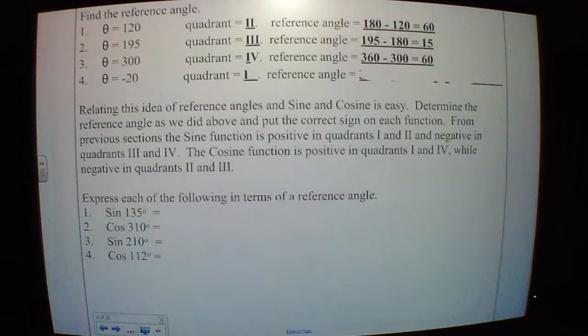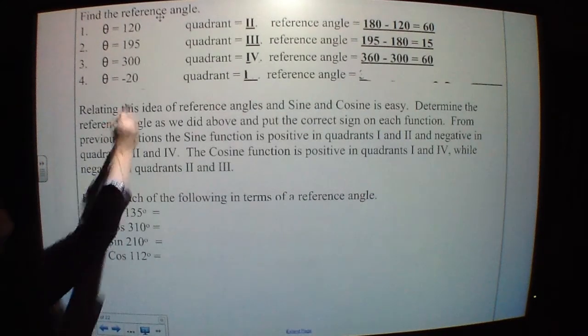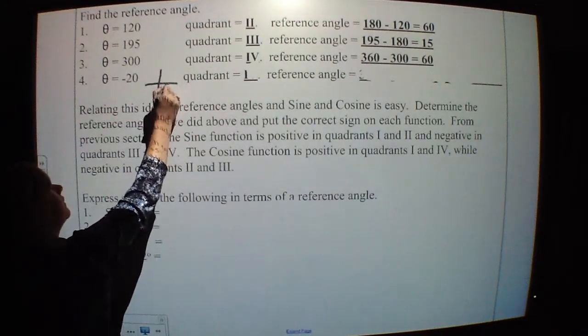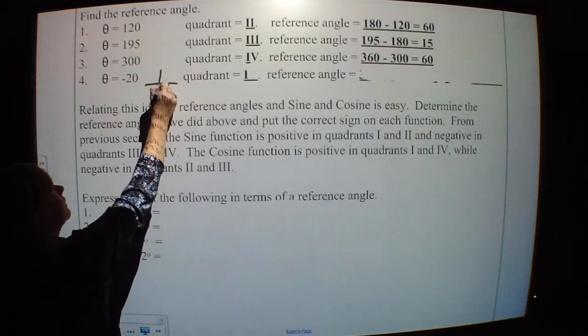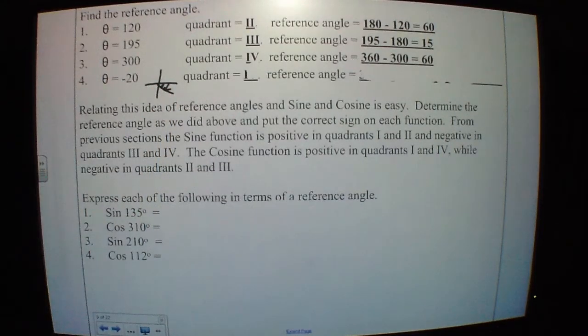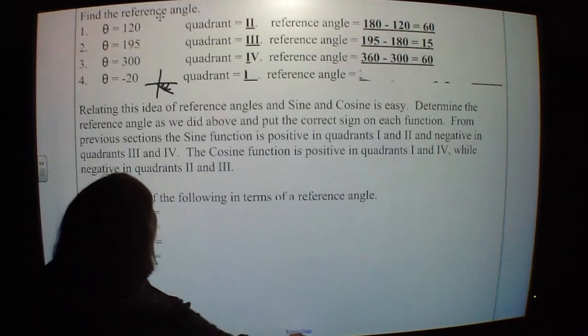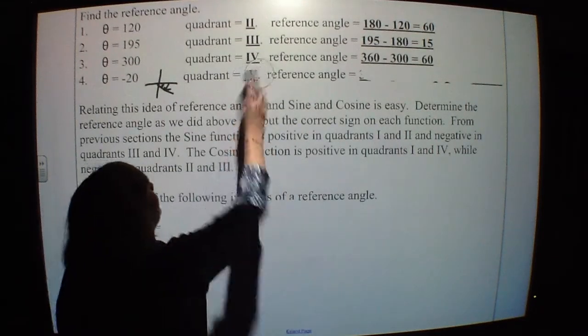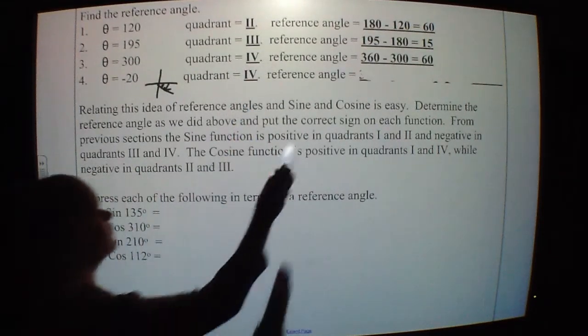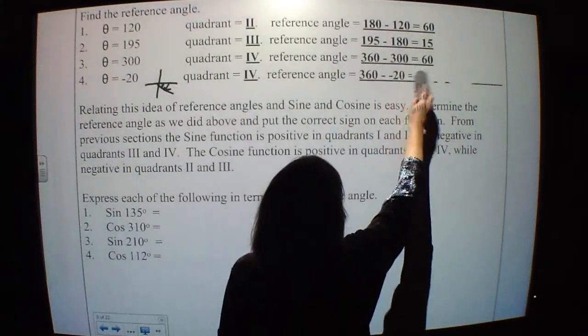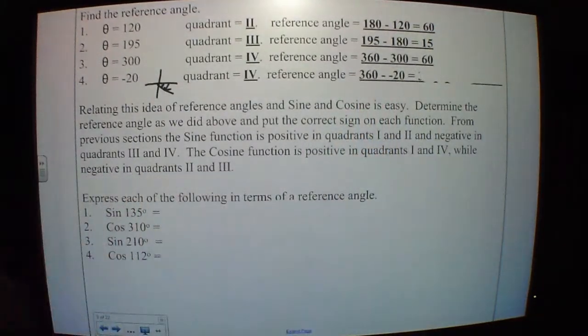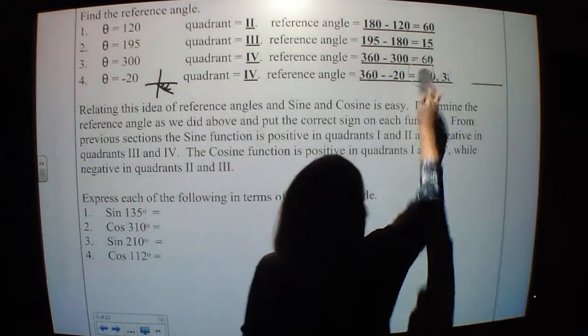And there are two different ways you can think about the reference angle for this one. One, you could just draw a picture and see it right away. If I'm going 20 degrees that way, my reference angle is 20 degrees. I'm in the fourth quadrant. You could also do it mathematically, just like we did. Your reference angle is 360 minus a negative 20, because it was 360 minus theta, and you get 380.